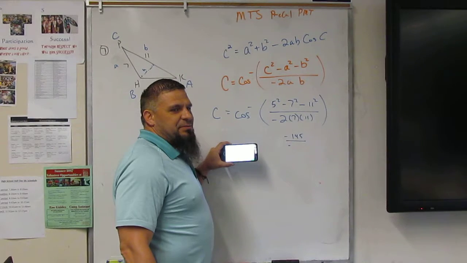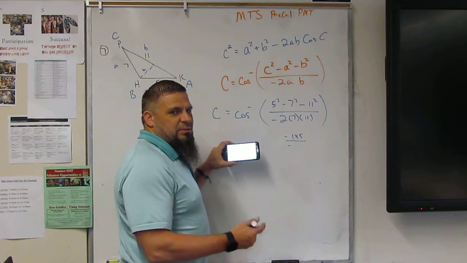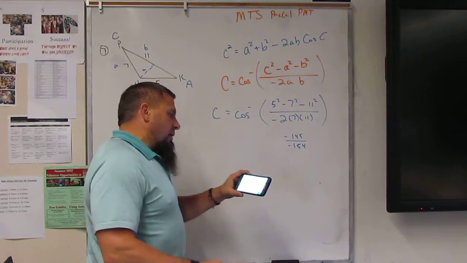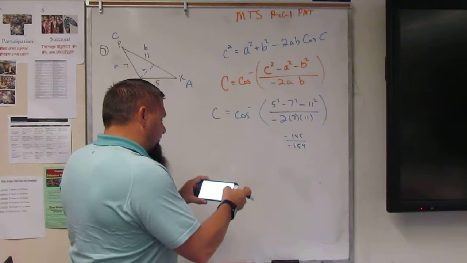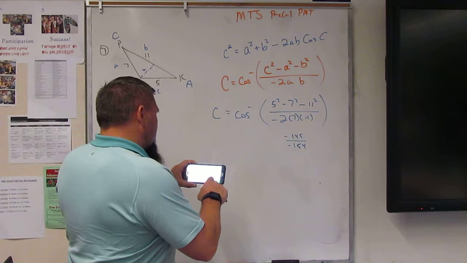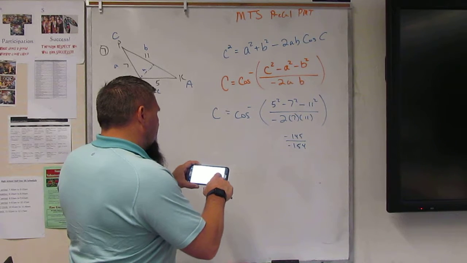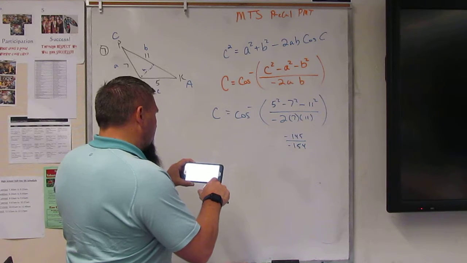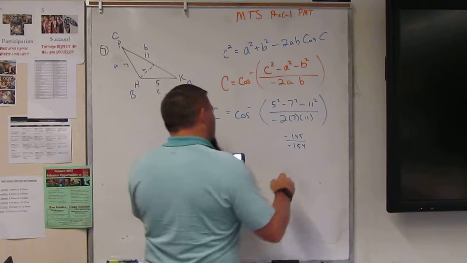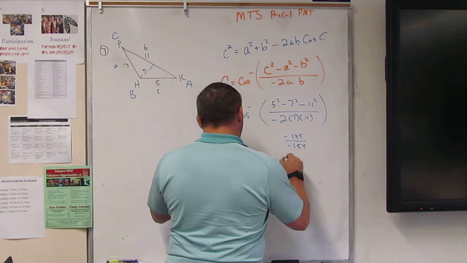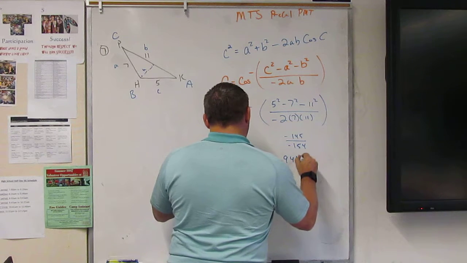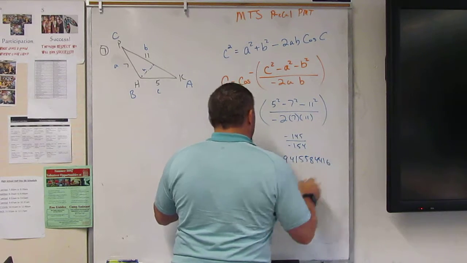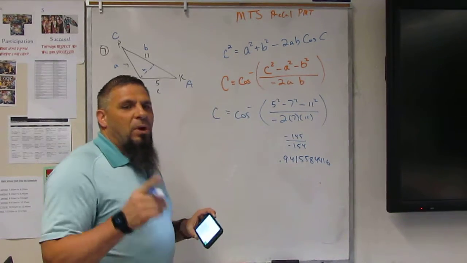And 77 times 2 is 140 plus 14, which would be 154. Or I could just say divided by negative 2 times 7 times 11. Okay? And so I get this positive 0.9415584416, right?